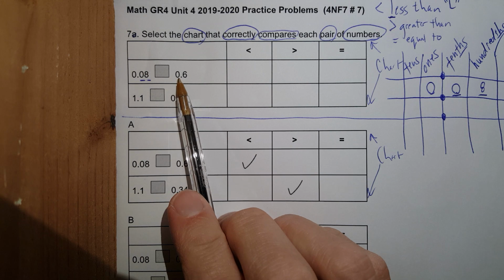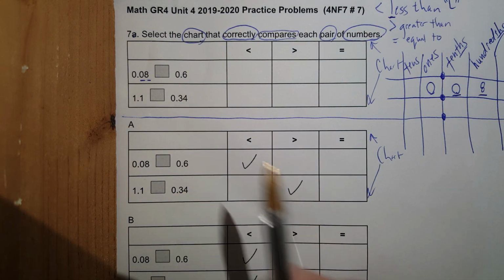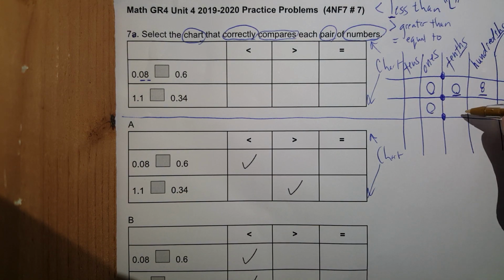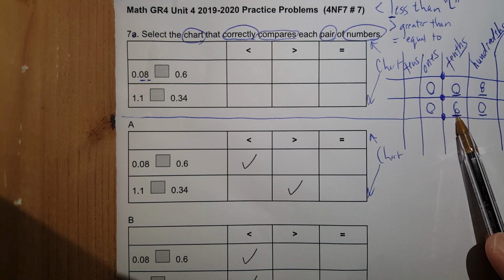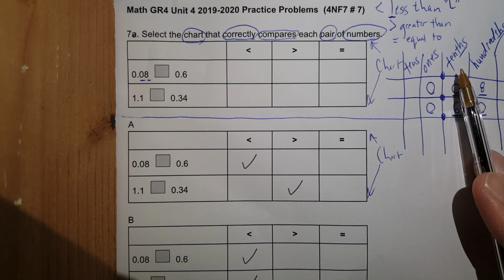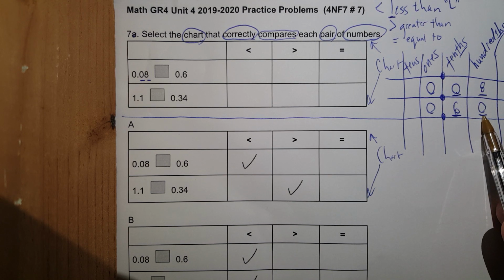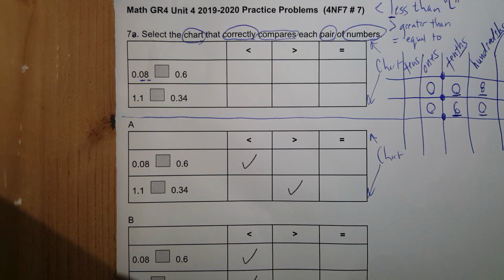Now for this one, I'm catching students that, watch how I write this, 0.6 is the same thing as 0.60. Let's just get used to always writing 2 digits. So if you only see 1 digit in the tenths place, always put a 0 after it. Okay? Now, from yesterday's lesson, we look at the tenths column first, and hopefully you see right away 6 is greater than 0.